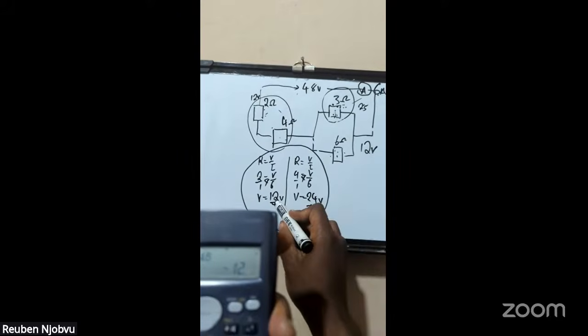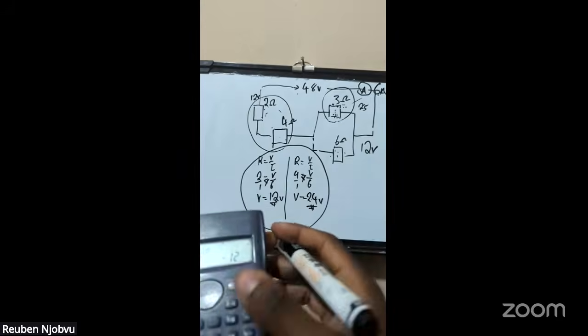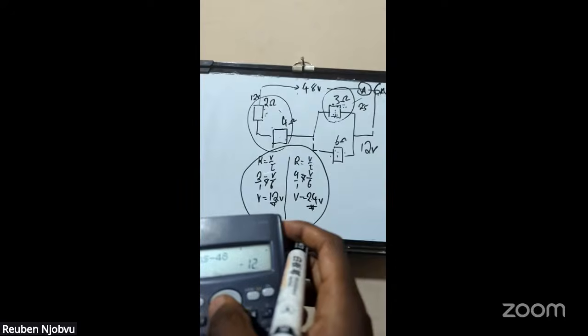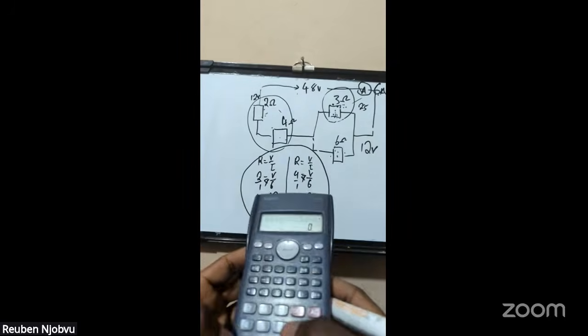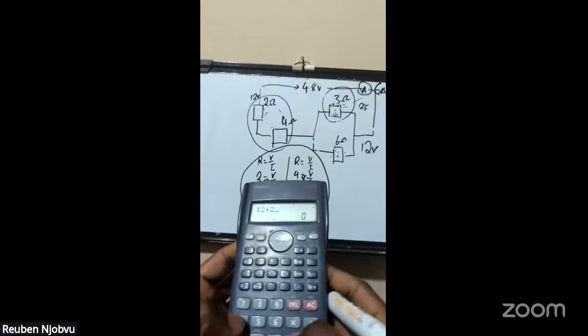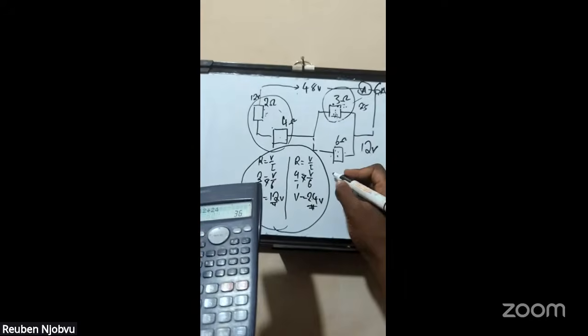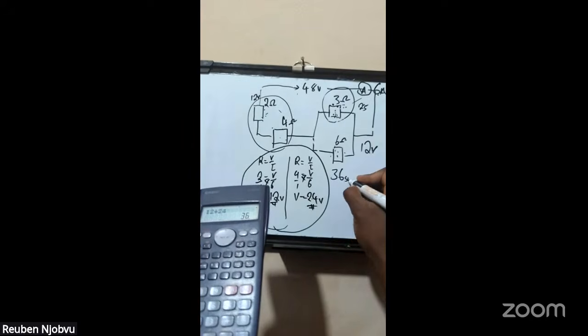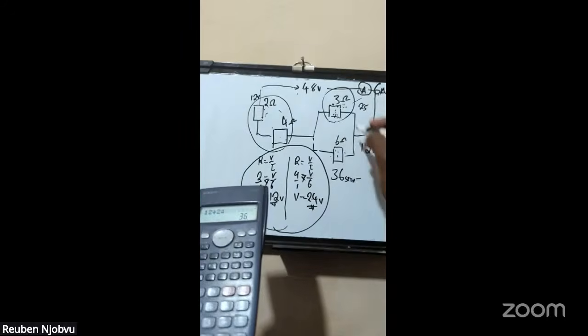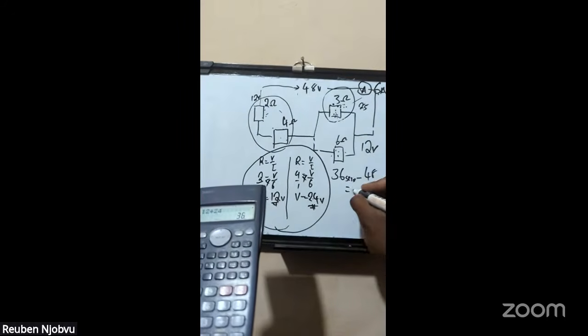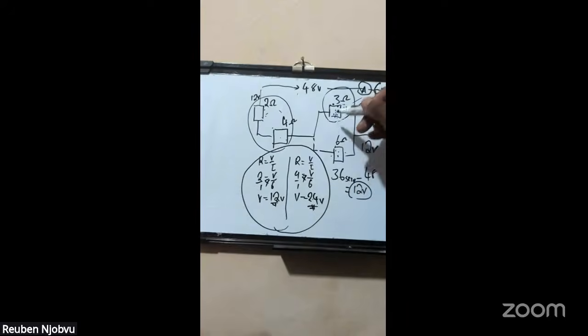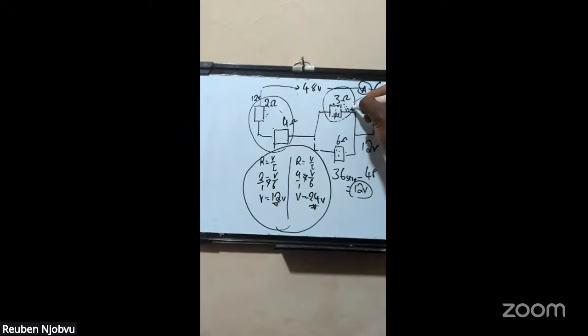Because when you add 12 plus 24, you get 36, so 36 is the one in series, and the total is 48, you get 12 volts. So 12 volts is the one that remains in parallel. The voltage is the same, meaning up 12 volts, down 12 volts.